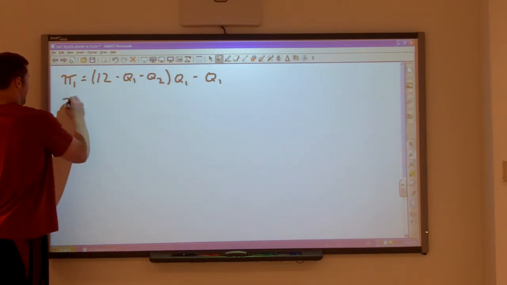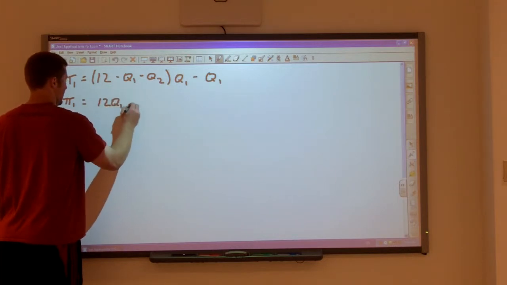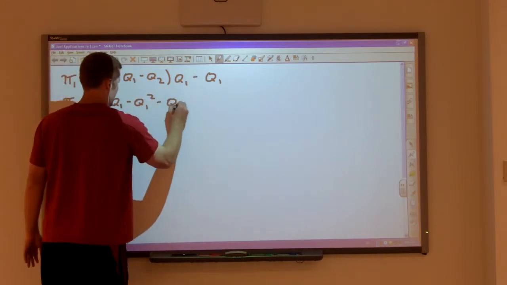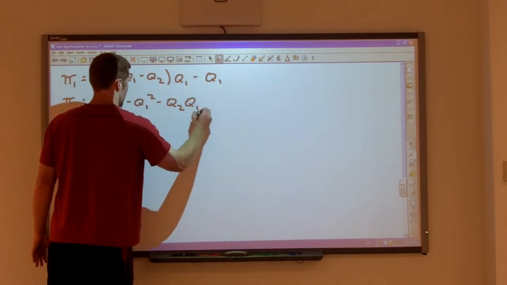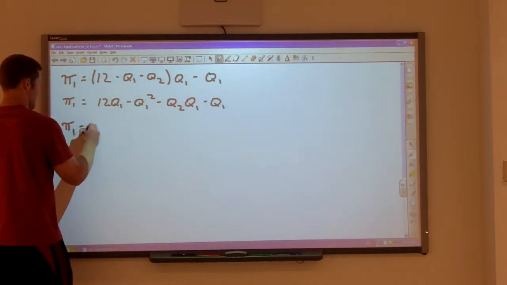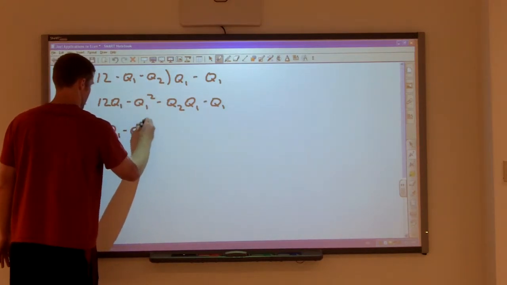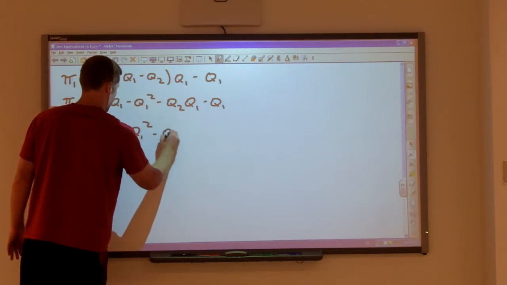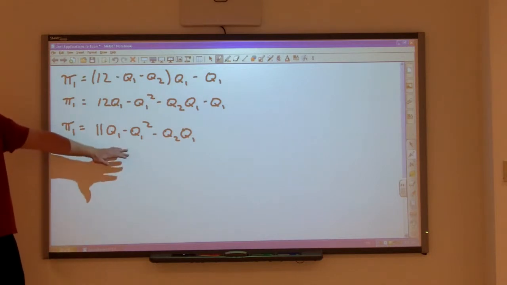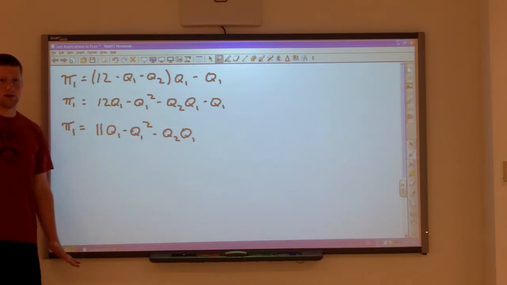We can simplify it further because eventually we're going to have to take a derivative. Okay, we combined all like terms, and this is essentially the simplest form of our first firm's profit to take the derivative of.